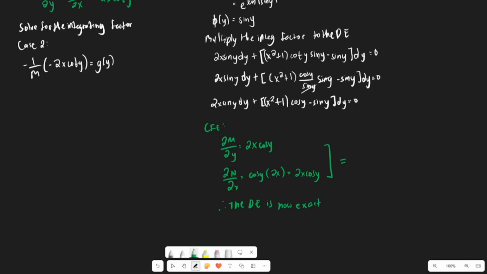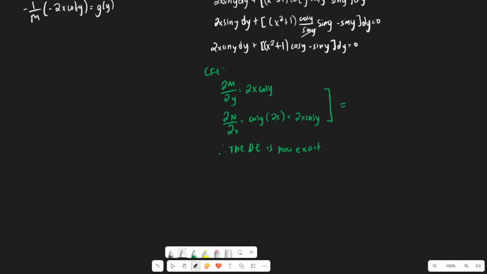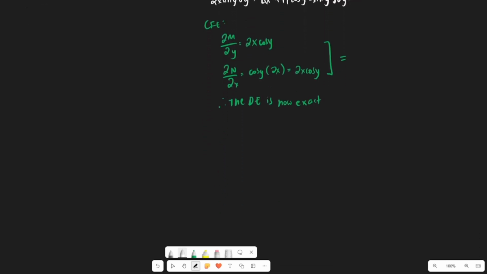Now that the DE is exact, then we can have the different methods of solution.